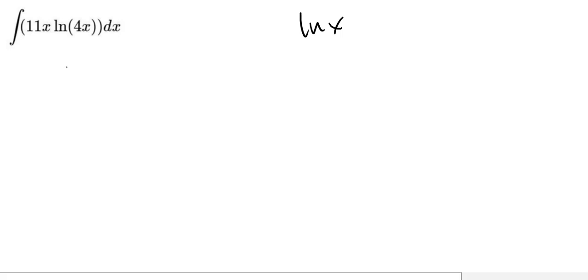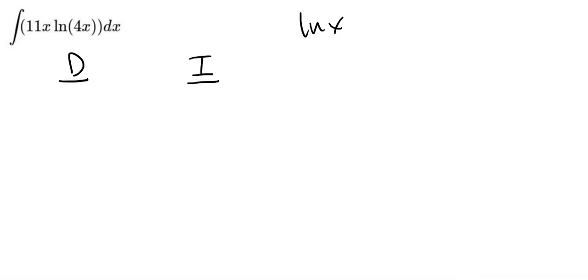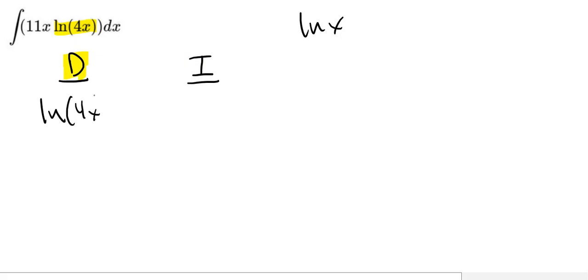So you remember from the previous column we have two columns, the derivative column and the integration or antiderivative column. And in the derivative column, whenever we have a natural logarithm, we are going to put that in that column.